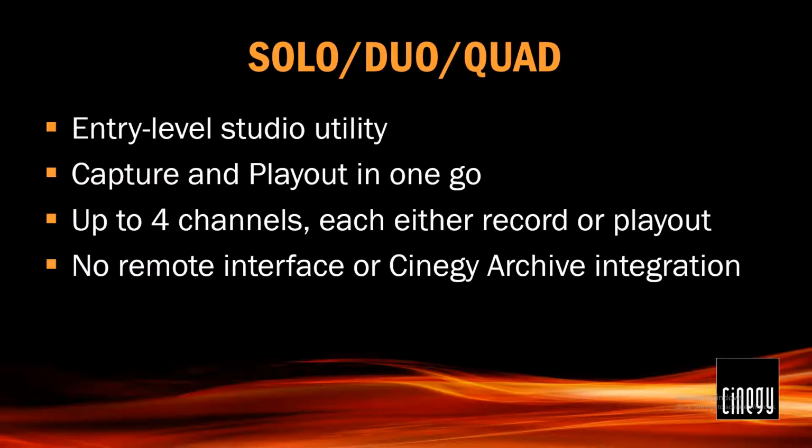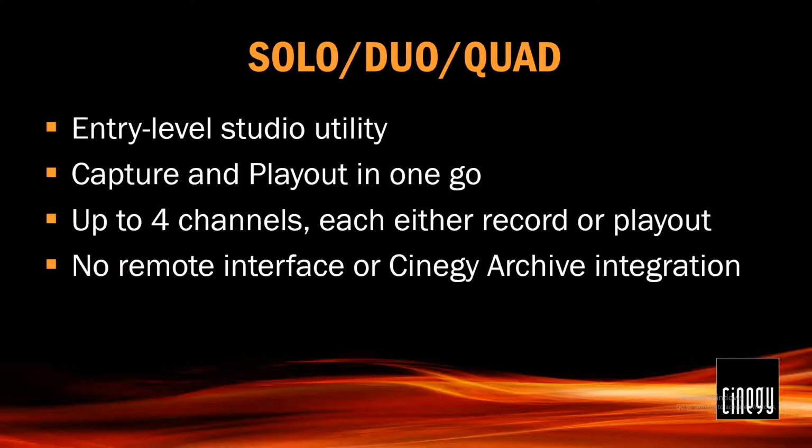So we also offer, apart from Pro, which is our Pro version, Solo, Duo and Quad. Solo, Duo and Quad give you up to 4 licenses on a single machine, and those licenses can be capture or playout. So it gives you the possibility of 4 captures, 4 playouts, 2 of each, whichever you'd like. 2 ins and 2 outs and a bit of storage, and you've got a Grass Valley K2 for cheap.